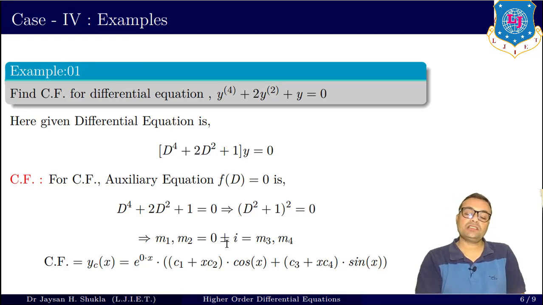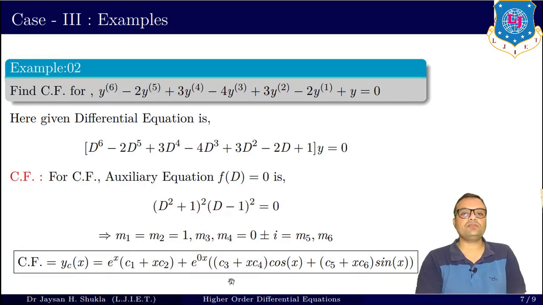So now, this is the situation where complex roots are repeated. And so, I am taking alpha equals 0 for the exponential function, beta equals 1 with cos and sine, and I am considering the repeated case. So it gives me c1 plus x c2, c3 plus x c4. This is how you should consider repeated complex roots.